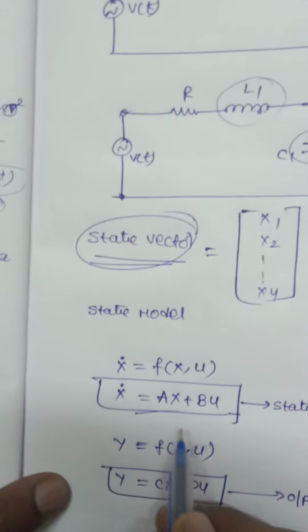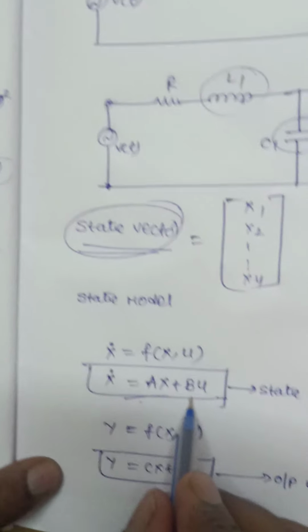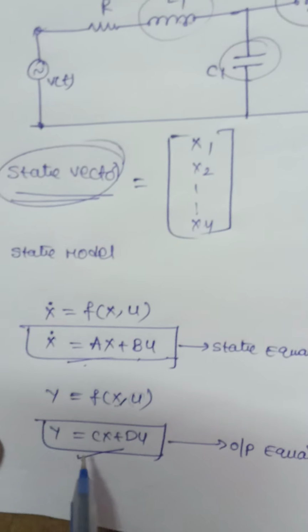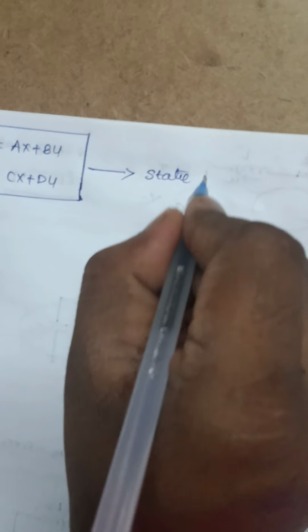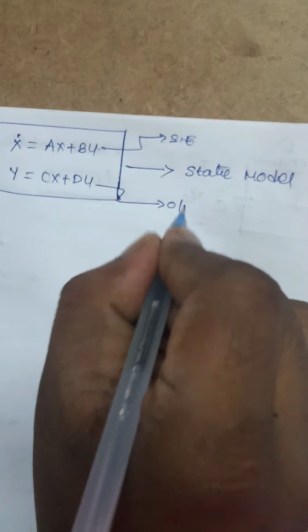One is the state equation, x dot is equal to Ax plus Bu, important, and another one is the output equation, y is equal to Cx plus Du. So the state space analysis depends upon these two equations. These two are very, very important, and they give the state model.